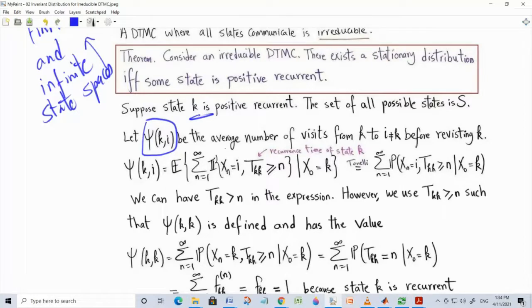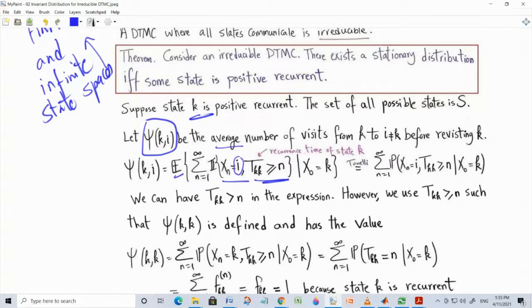Average means expectation, and so we need a counter, and the counter will count how many times x of n is state I, but under the constraint that K is not yet revisited.